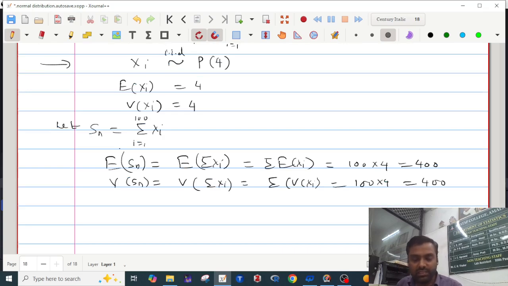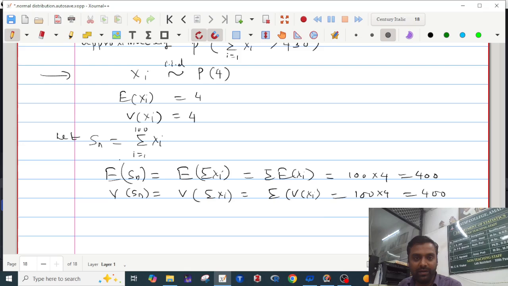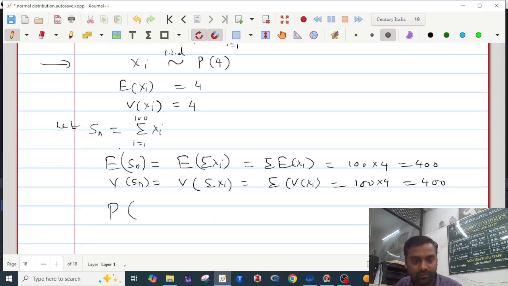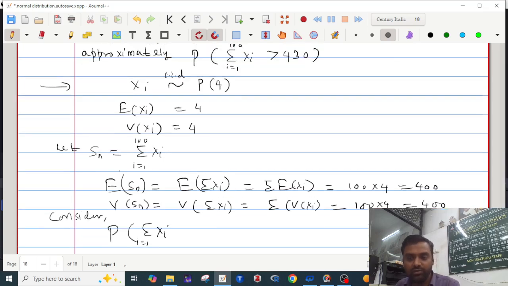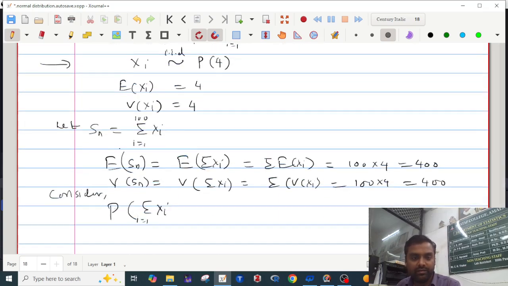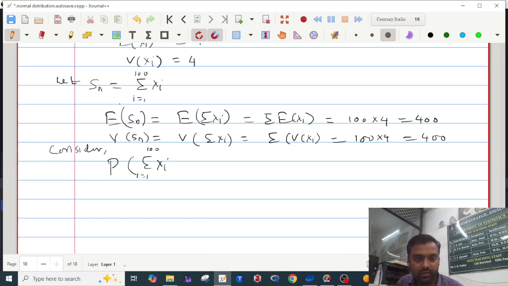So now use the central limit theorem. Consider probability of summation Xi, i running from 1 to 100, greater than 430. Now apply the central limit theorem.